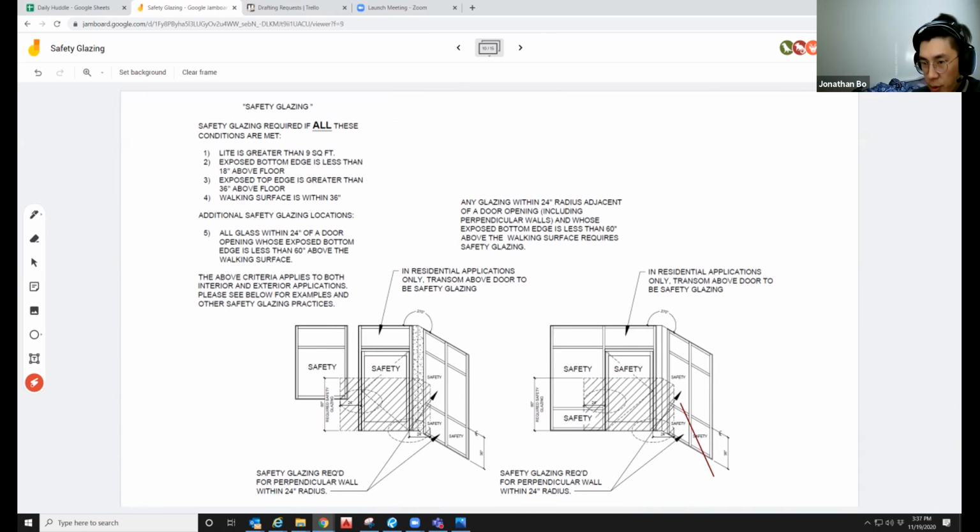Is there a reason for that? There's taller people in the residential. There's always a reason, Jobo. Now, I may not have the reason, but I can certainly speculate. Okay, let's hear your speculation.